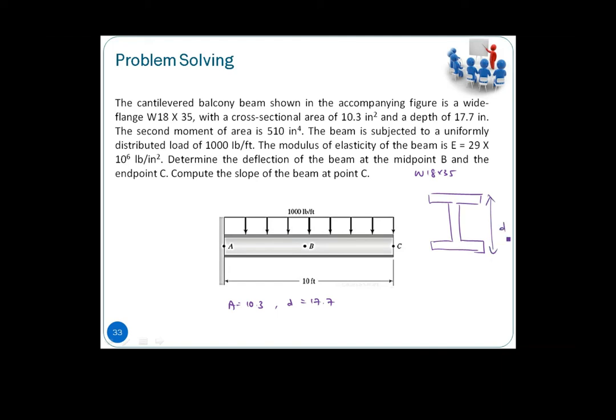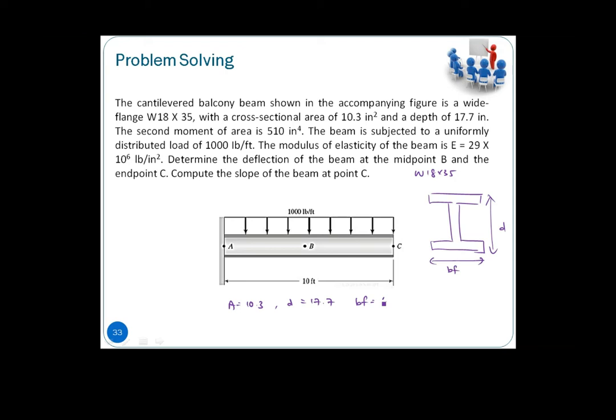Then we have our BF, the flange, BF is 6. Then we have our TF, and TW and TF.